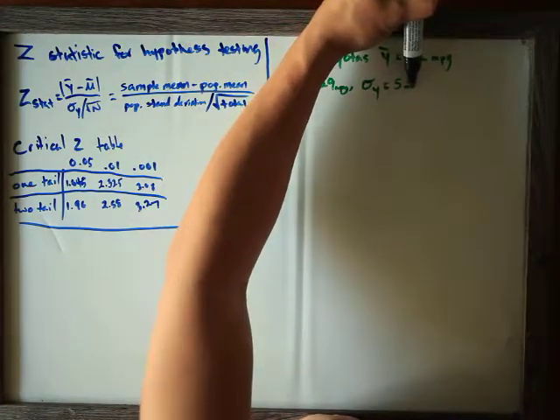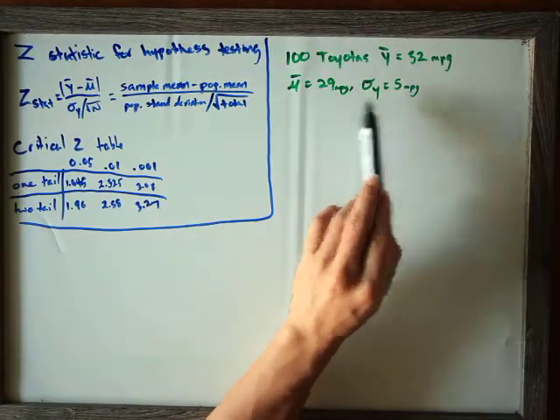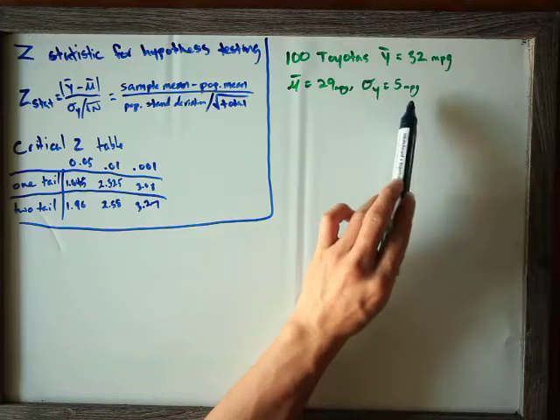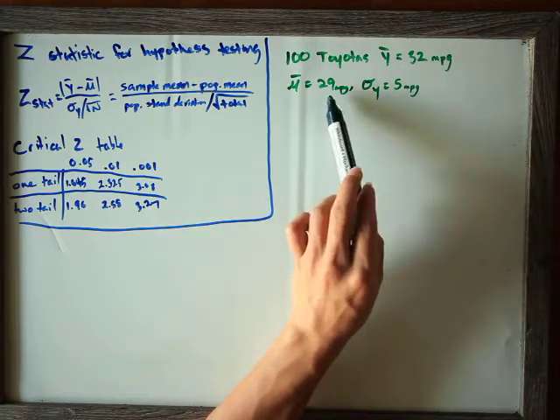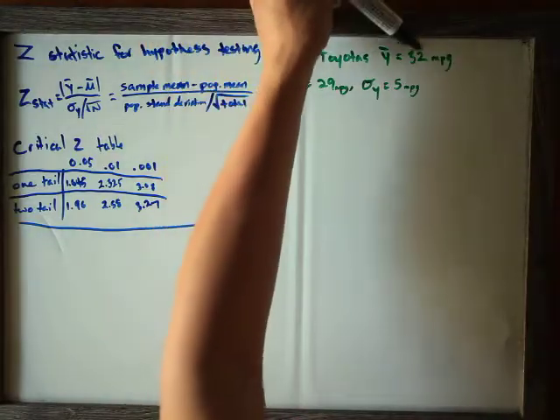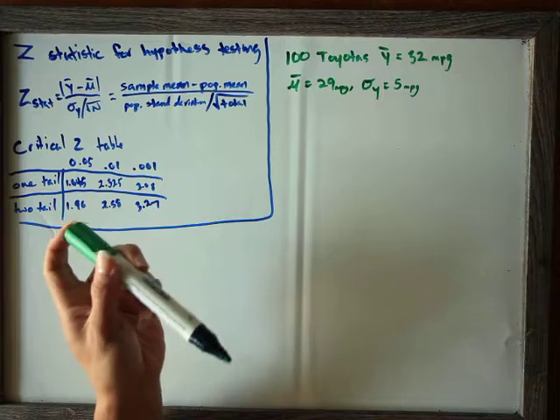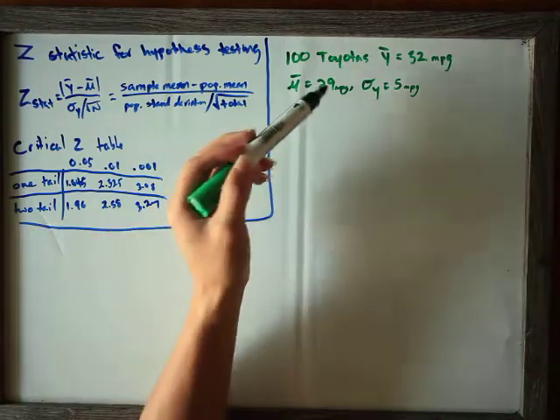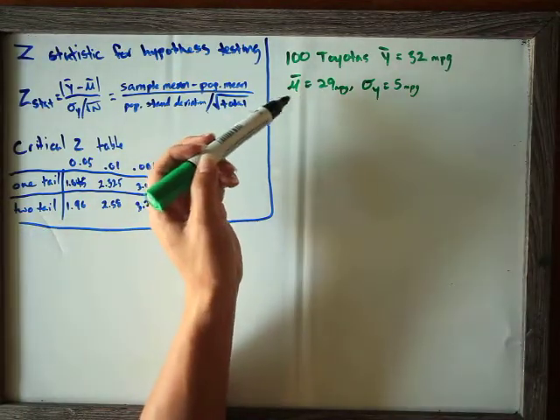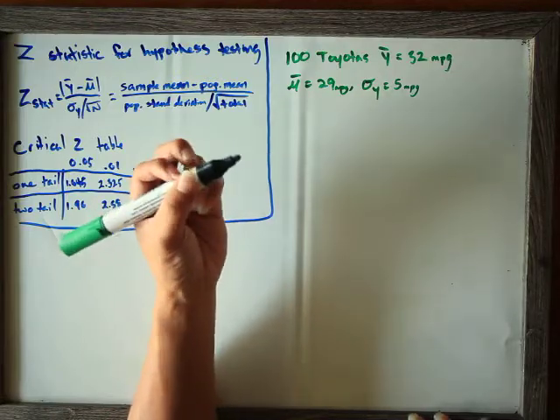So on average, scores within the population are within 5 miles per gallon of 29. So, are we statistically sure that this sample's mean of 32 is actually higher than the population's mean of 29? That's the question that we're asking.